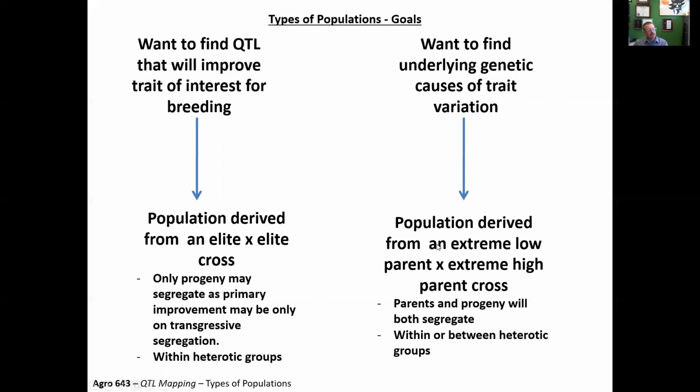Because of that, the QTL that you find in these types of crosses do not apply in a breeding population. Why? Because the breeding population has already been fixed for the better allele. So it's really important that before you even start this experiment of QTL mapping, you think about the population you want to use and align that to your end goal. And I don't think people do that quite enough.